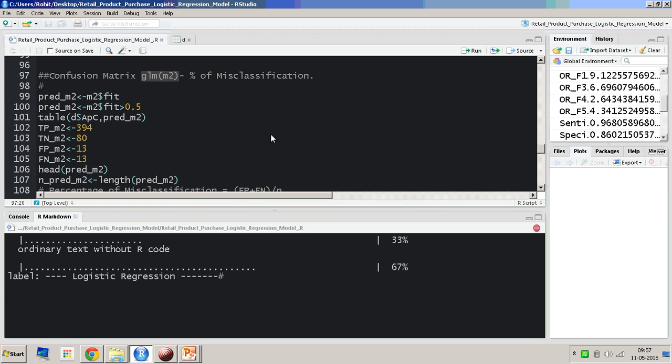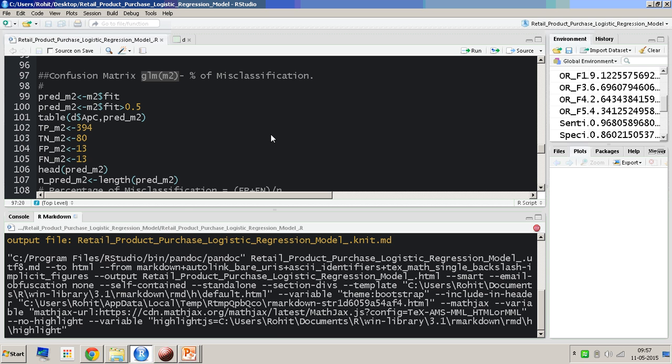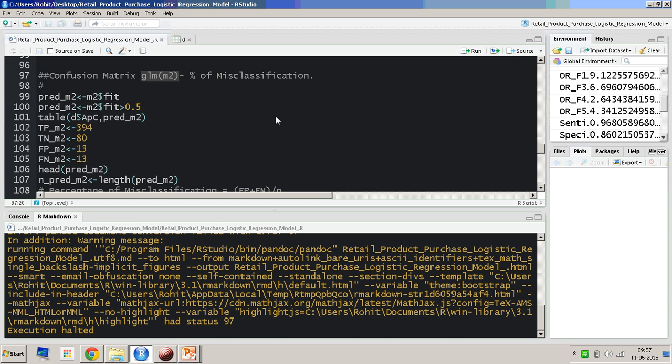You can also publish this HTML to the internet straight away. You don't need to, okay, execution halted because Pandoc is giving some challenge.